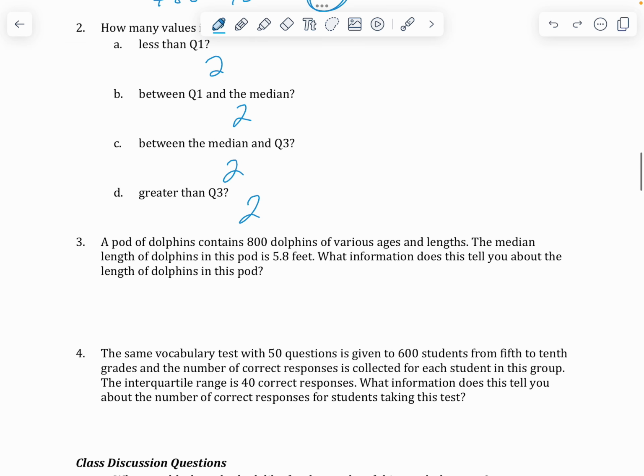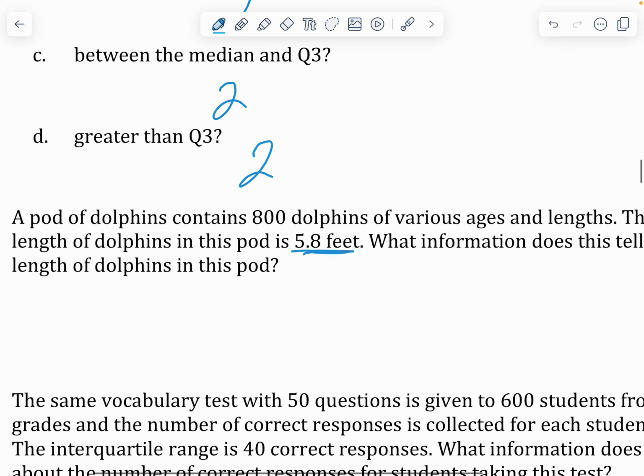Number 3 says a pod of dolphins contains 800 dolphins of various ages and lengths. The median, again the middle length of the dolphins in this pod, is 5.8 feet. What information does this tell you about the length of dolphins in the pod? Well, since the middle is about 5.8, that tells us there are no dolphins, we would assume, at like 100 feet long, right?